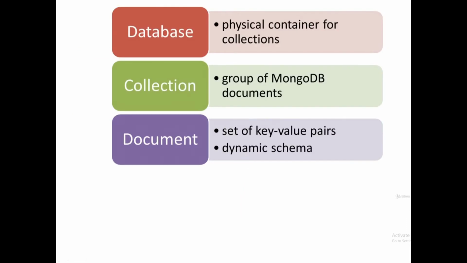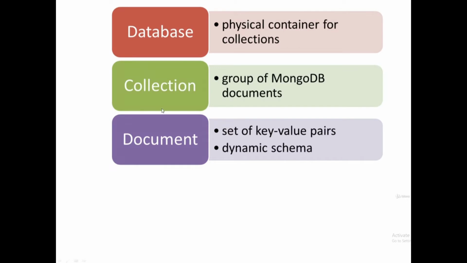MongoDB works on the concept of collection and document. So the following three terminologies are associated with MongoDB: database, collection, and document. A database is a physical container for collections, and a simple MongoDB server typically has multiple databases.